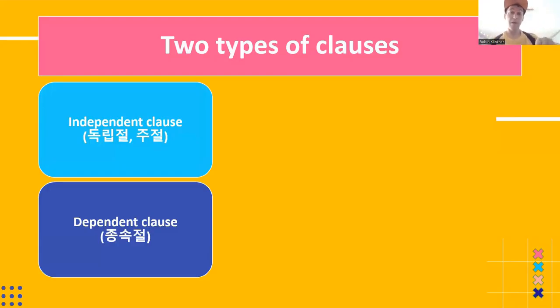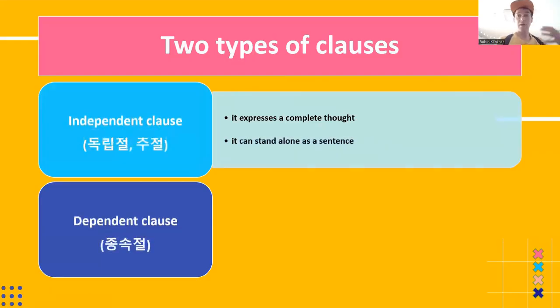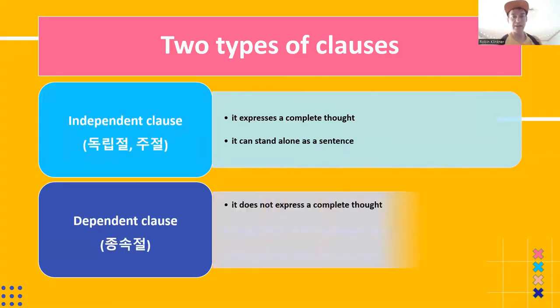It is free. A dependent means it depends. It relies on something. So an independent clause expresses a complete thought. It can be a sentence. On the other hand, a dependent clause does not express a complete thought. It is not a complete thought.